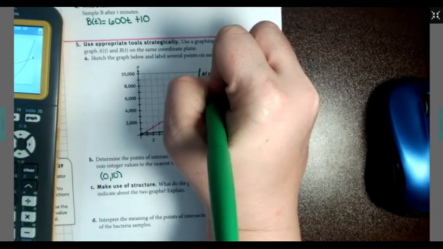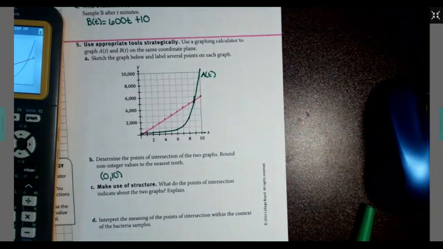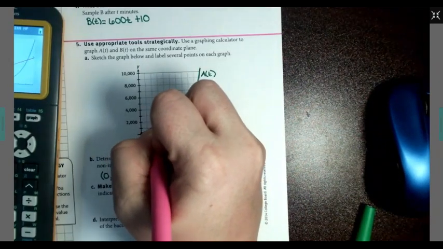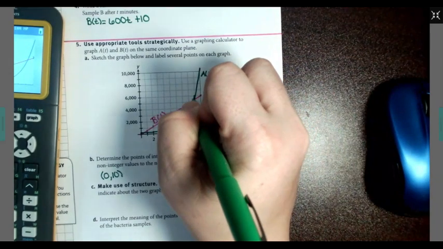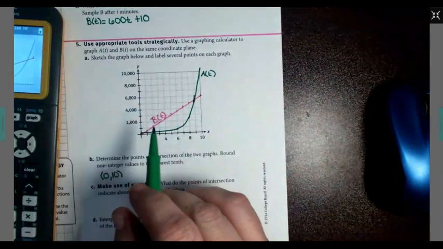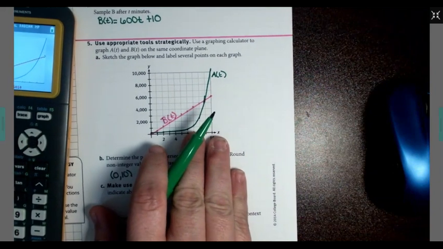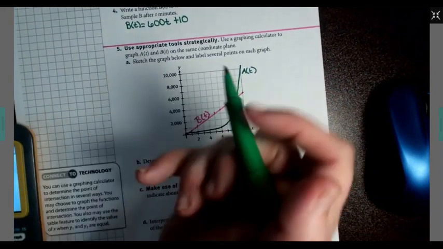This was A of t, and this graph going this way was B of t, just to kind of keep us informed. Okay, now I can tell approximately where this answer is going to be. I don't know exact, so we're going to have to set those two numbers equal to each other.